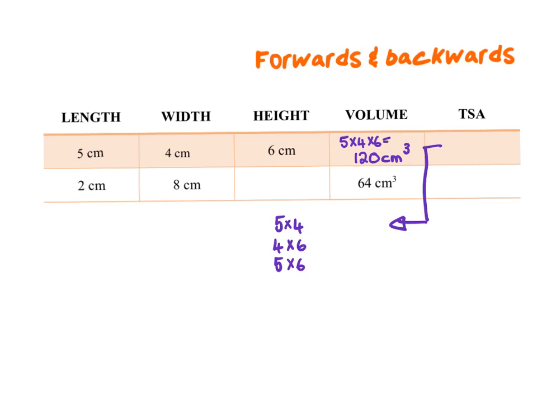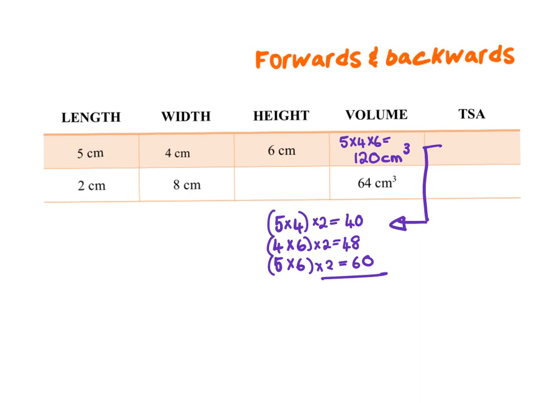If that number is double, then you know that they've just indicated that side twice. So here I have 5 times 4, and remember there's 2 of those sides, so that gives me 40. 4 times 6, and remember there's 2 of those, and this gives me 48. And 5 times 6 times 2, this one gives me 60.